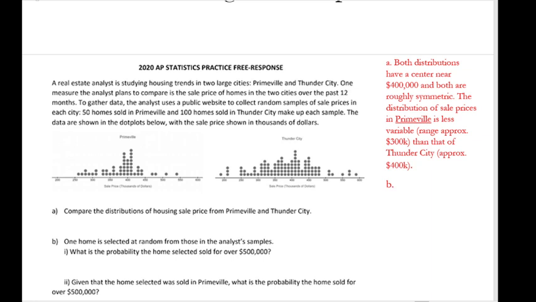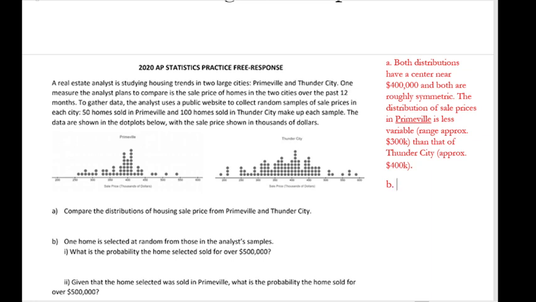For that one, we are going to be looking at how many homes in all of this sold for more than $500,000, and we want to take that out of the total number of homes that we were looking at. So this is quite literally going to be a matter of counting here. So if we look, I'm going to actually start at 500,000, answer the question that's being asked.